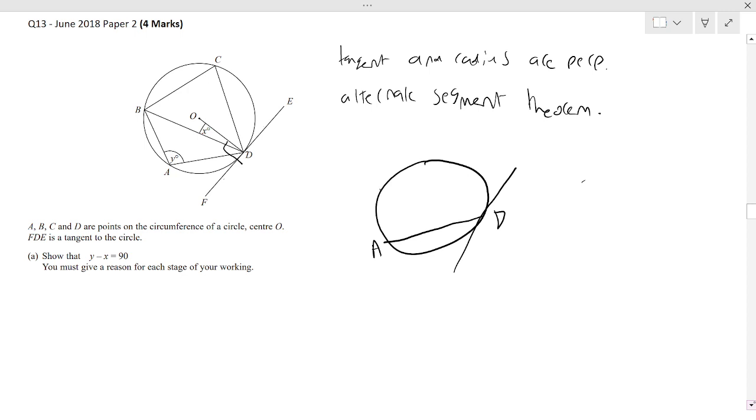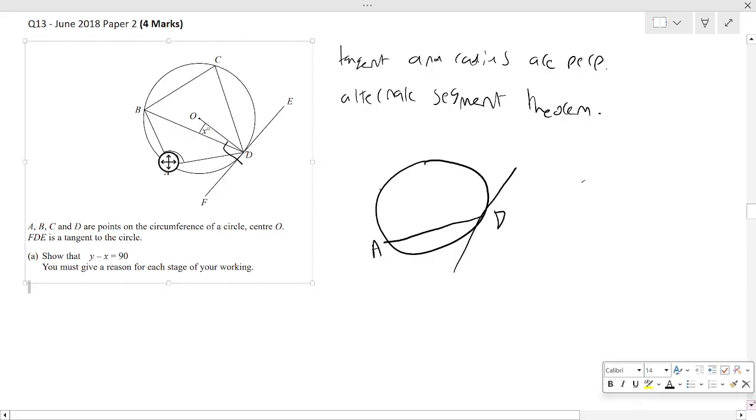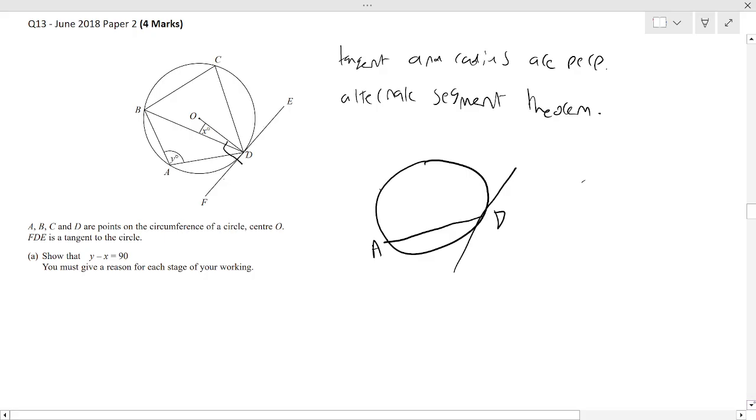Even a diameter is a chord, and it's the largest chord, so obviously the line that goes through the center. Sorry, but we have a chord here. And then if this chord goes to another point on the circumference, and then that point meets the tangent again, the angle made between the chord and the tangent, and the angle in the alternate segment, they're equal. That's the alternate segment theorem. And that's what we have here actually.